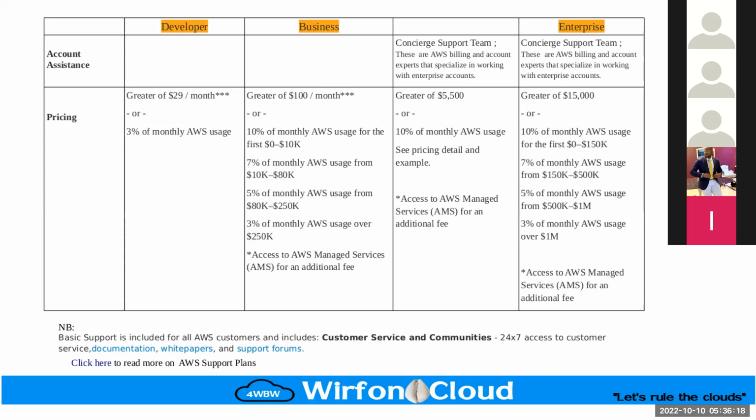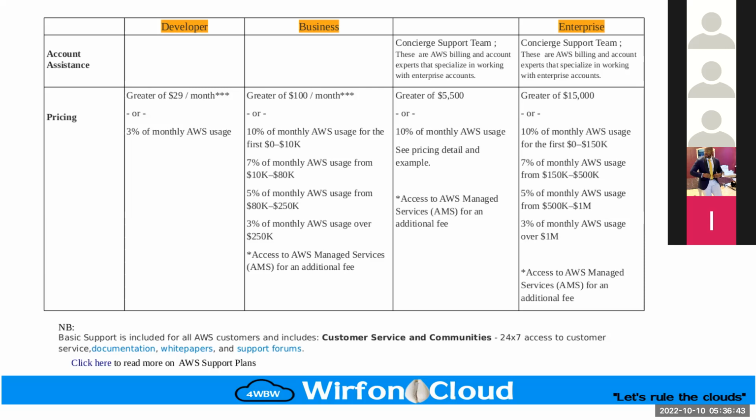So when we go to the pricing, you need to go and look at all of this, but no need to frighten you with percentages and figures. One thing you should know is that the Basic plan is free. For the Developer plan, it's about $29 plus per month.